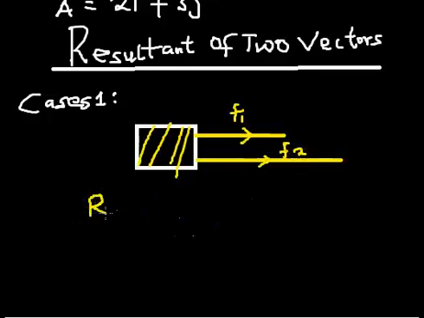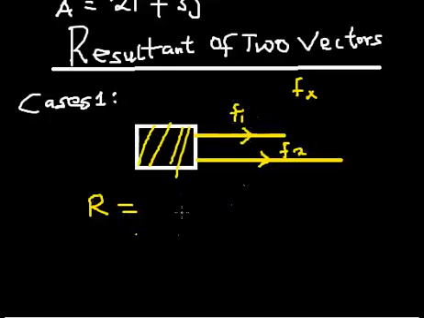If I need to get the resultant of these two forces, since both of them are acting in the same horizontal direction, the x direction, their components are going to be i. F1 is i, F2 is i.